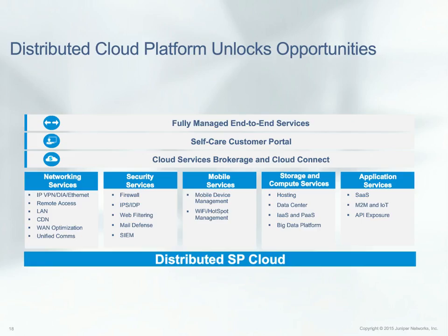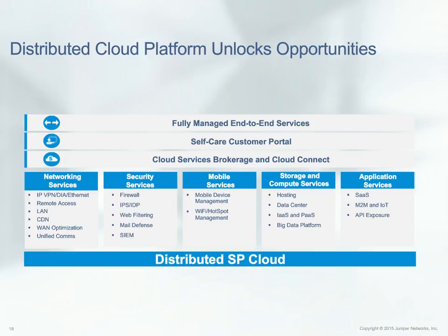So where we started with this conversation is really about a platform. We think this is where the differentiation, the gold mine, is for a provider to unlock opportunities in this new world of service delivery and cloud service delivery.